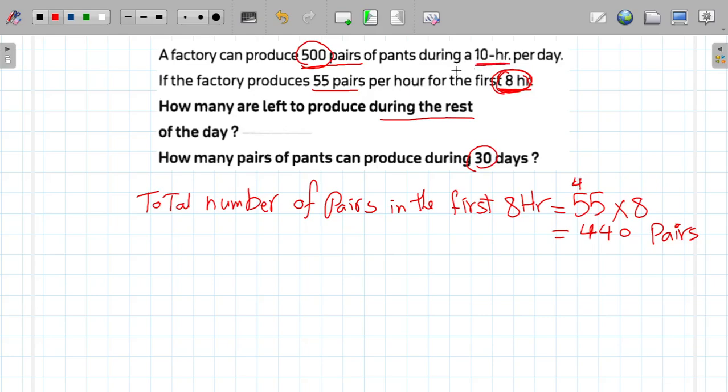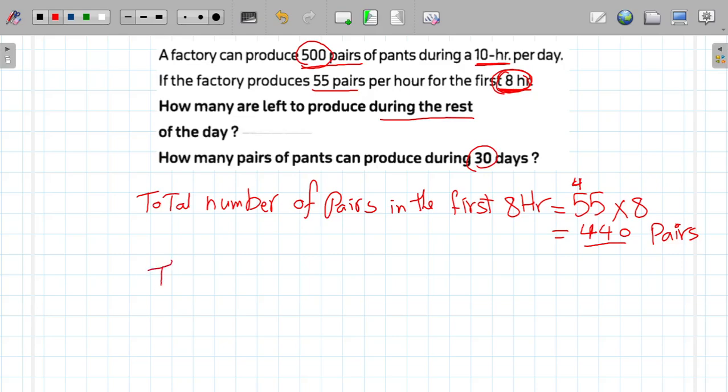Okay, so in the first 8 hours he produces 440 pairs. So what is the remainder? So I will subtract the total number of pairs in one day minus the number of pairs in the first 8 hours.